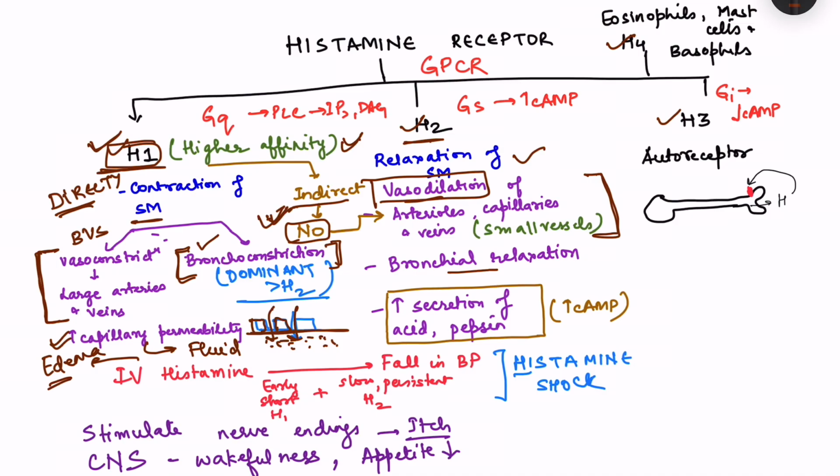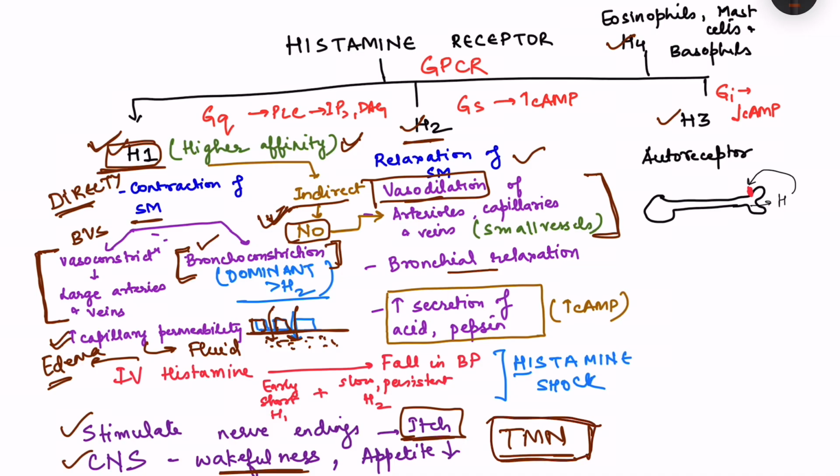Now the next action of H1 receptor stimulation is in the neurons and in the central nervous system. Histamine also stimulates the nerve endings, and this is responsible for itching. Then in the central nervous system, in the brain, it is responsible for wakefulness, because this histamine is released in the brain by the tubulomammillary nucleus of the hypothalamus.